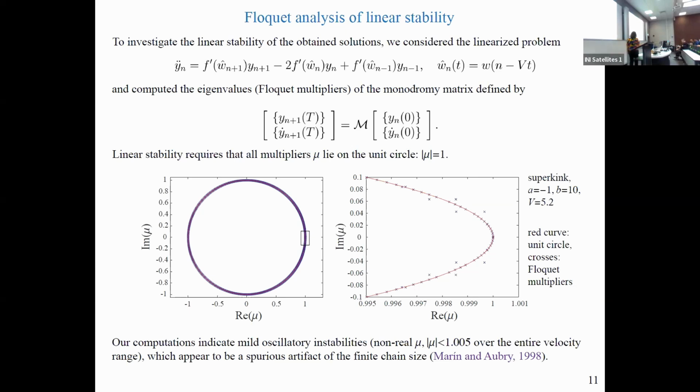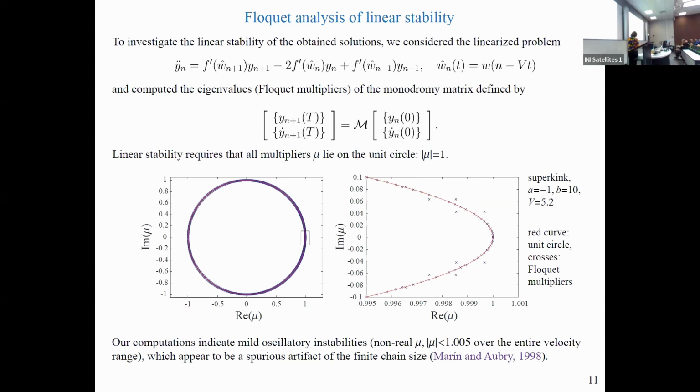And this is not exactly the case, because we believe there are some numerical artifacts from the fact that we are doing the calculation on a finite lattice, but there are some multipliers which go a little bit off this unit circle.